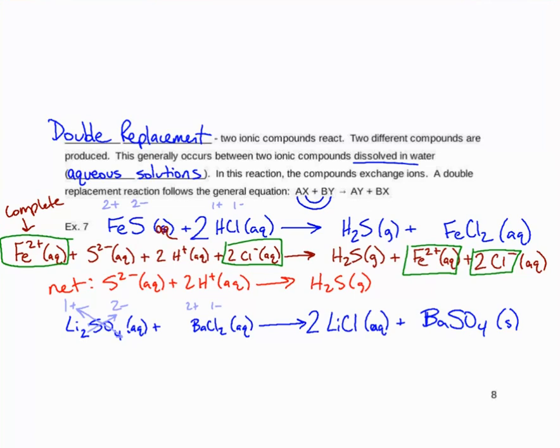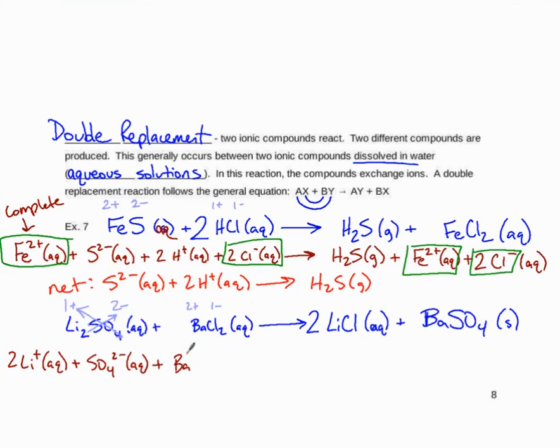Looking at this next one, if I write out the complete ionic equation, I'm going to have 2 lithium ions plus 1 sulfate. And remember, the charges need to be here.